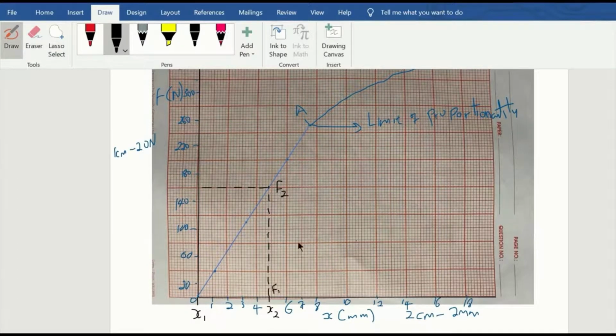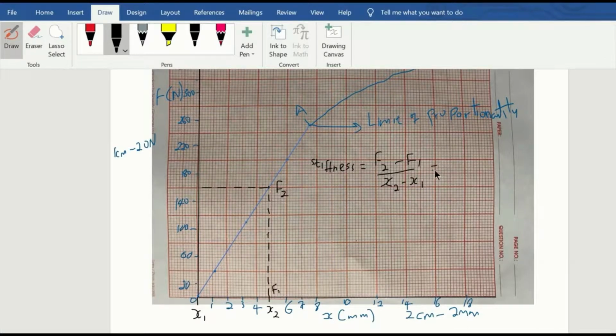I can therefore say that the gradient or the stiffness of the force extension graph is equal to F2 minus F1 over X2 minus X1.